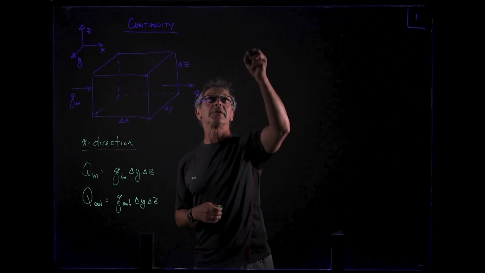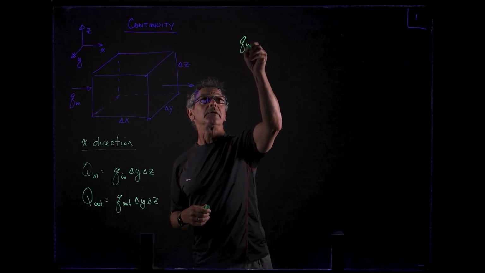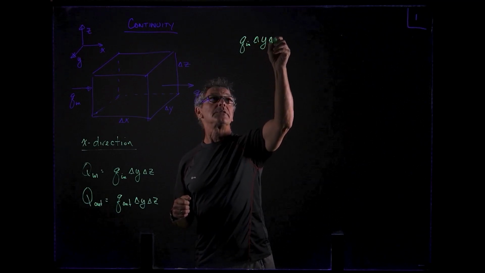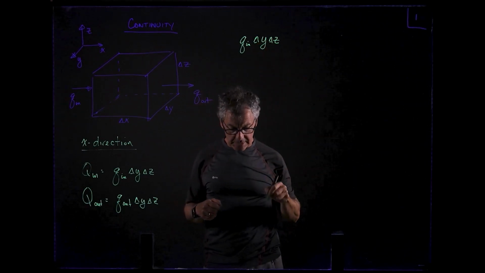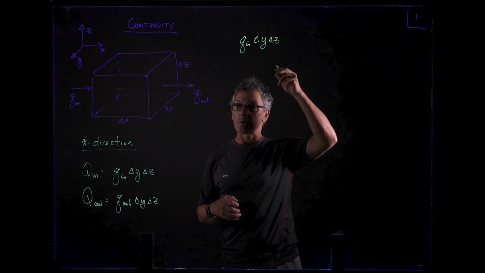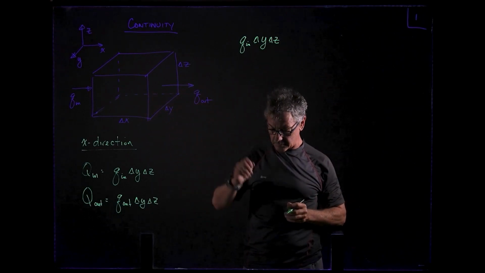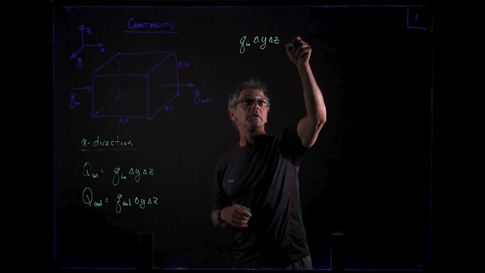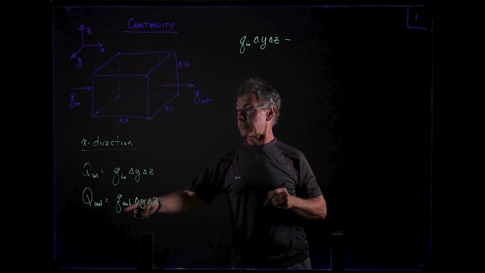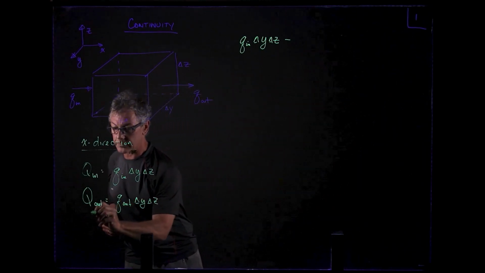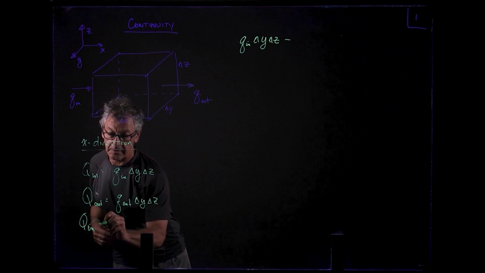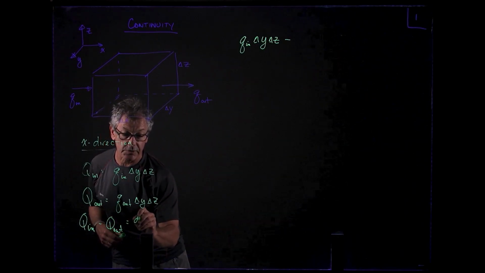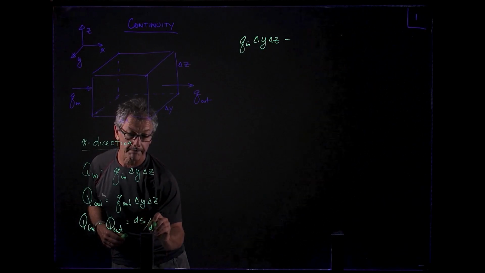And so we'll start the balance as Q in times delta y times delta z, right? So that's what's coming in. And then we're going to calculate what's coming out. We want the flow rate in minus the flow rate out. Q in minus Q out equals the change in storage with respect to time, remember?